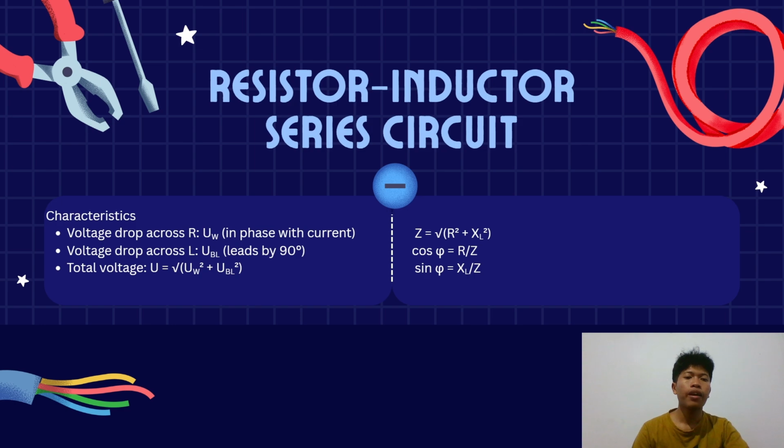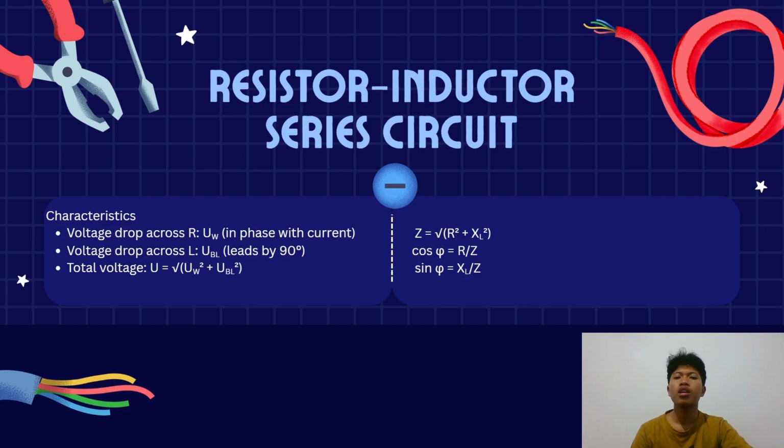Total voltage is U equals root of UR squared plus UL squared, and Z is equal to root of R squared plus XL squared.